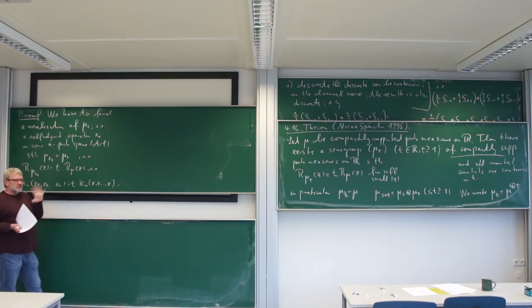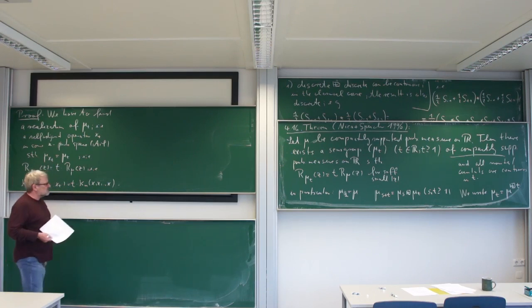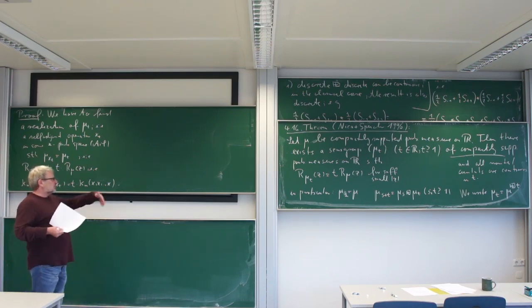Okay, and of course, when we are realizing measures in star probability spaces, we should check that the moments are exponentially bounded. Because otherwise we don't really know whether the moments really correspond to the probability measures. But of course here we start with a compactly supported measure.